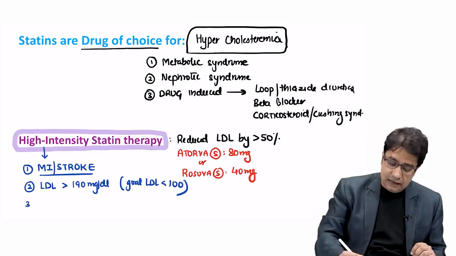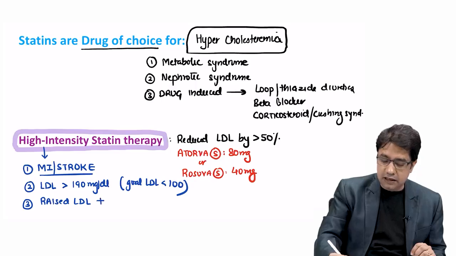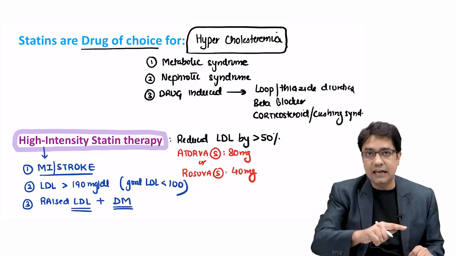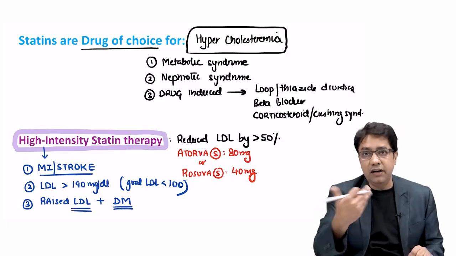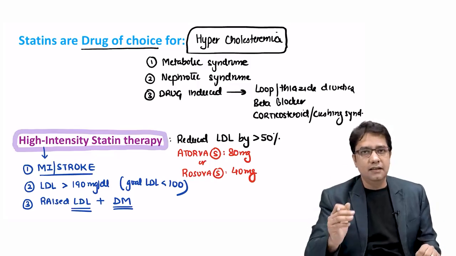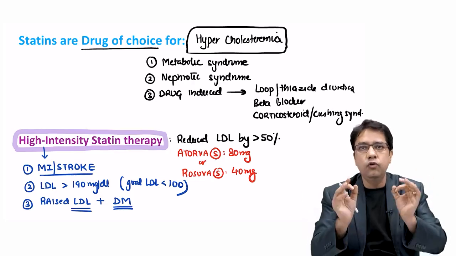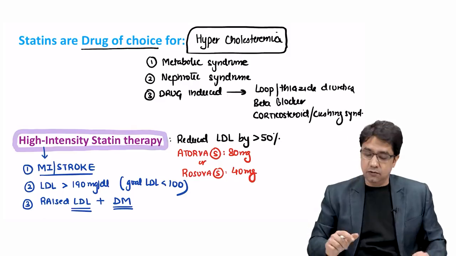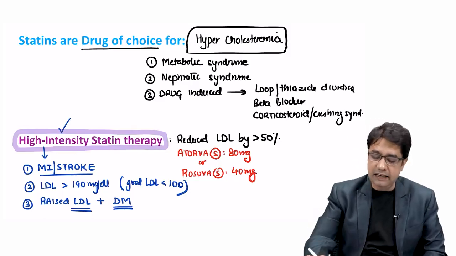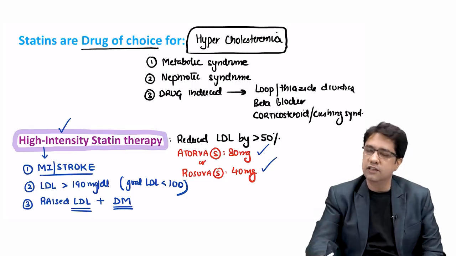And lastly, if the patient is having raised LDL, it could be any LDL level, plus the patient is having diabetes mellitus. Raised LDL, any raised LDL with diabetes mellitus, give highest dose of statin. The reason is both diabetes and LDL contribute to atherosclerosis. So these are the three indications of high intensity statin therapy, and there are only two statins which are used.